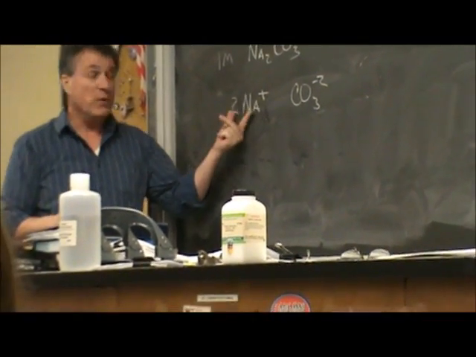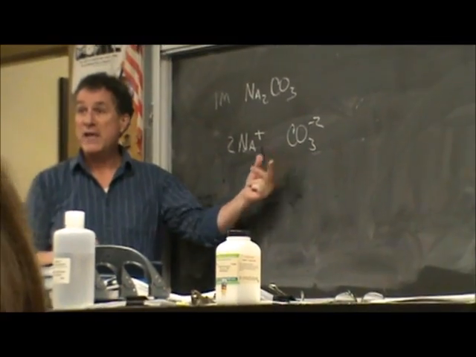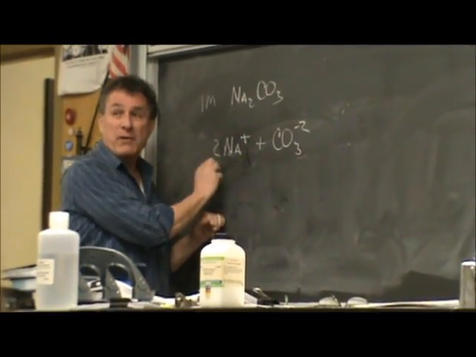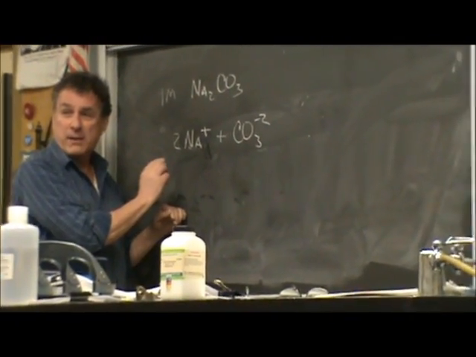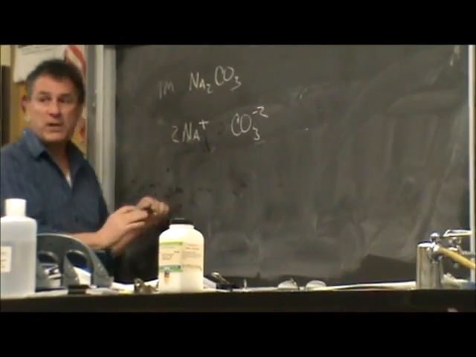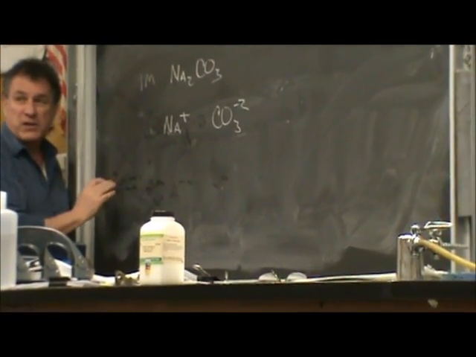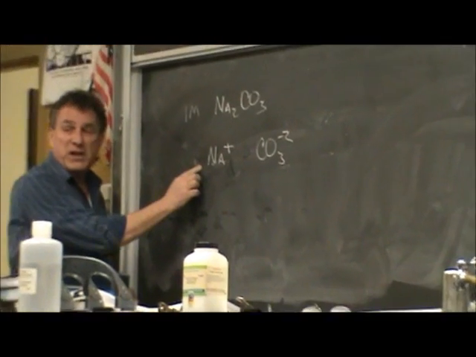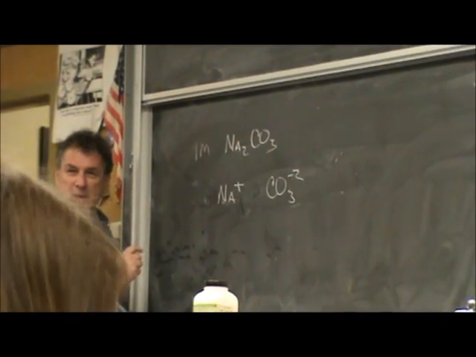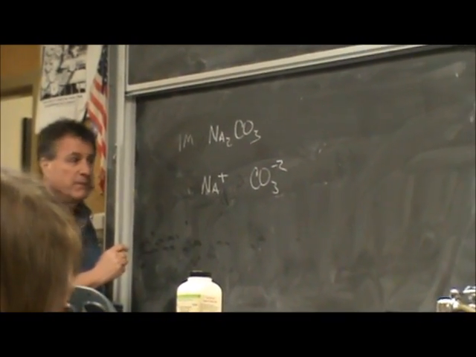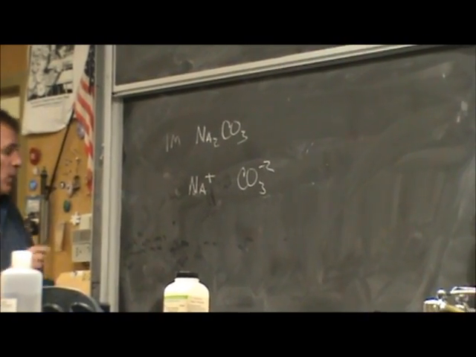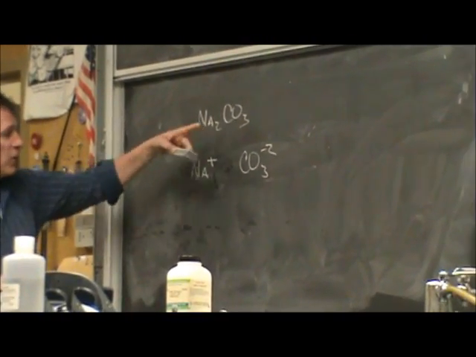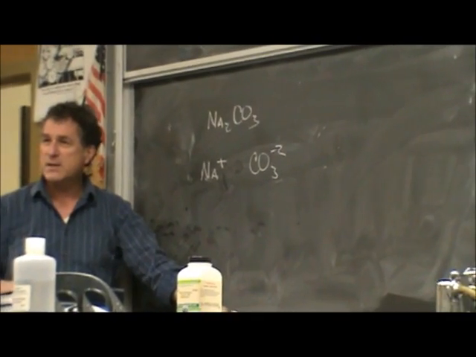It does contain 2 of these for every one of those, and if this were a chemical equation, I'd write in coefficients, wouldn't I? Right? But it's not a chemical equation, so I don't write coefficients. The coefficient is not part of the formula for the substance, for the ion, right? You can get away from doing that. Okay, so if I have a solution of sodium carbonate, it contains these two ions.